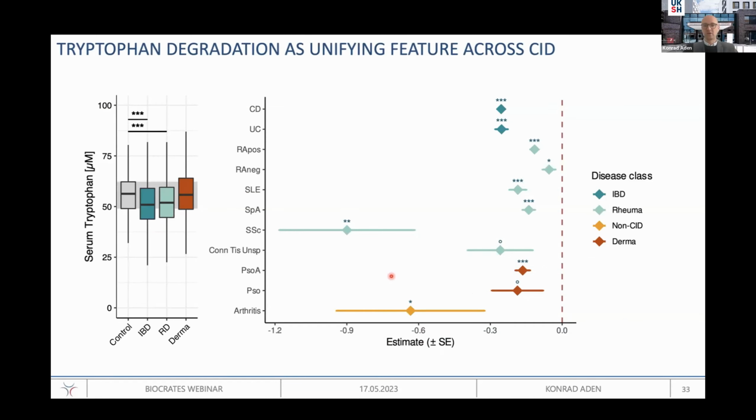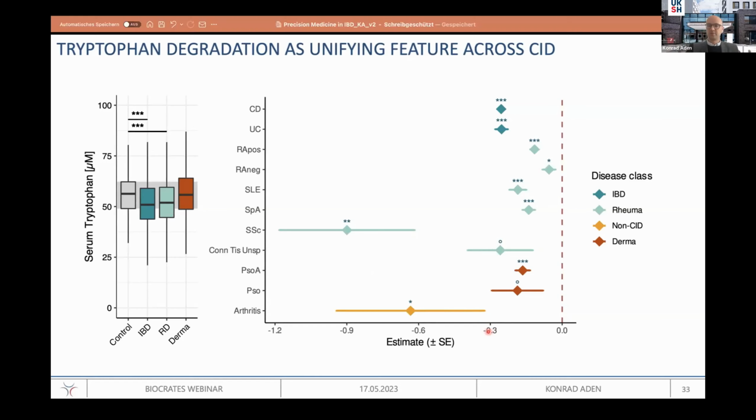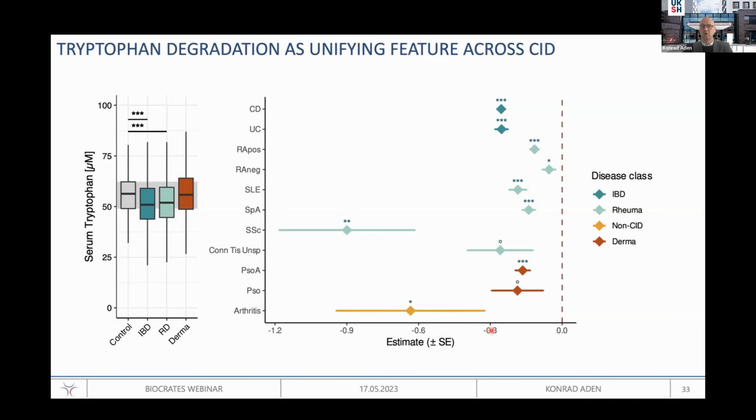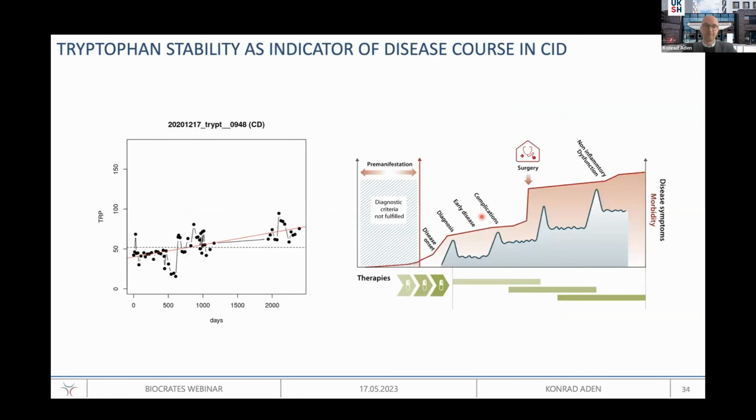You can also directly correlate the serum tryptophan values with the CRP values as a generalizable marker of immune activation. And you can also see with varying degree that we see a very strong association of serum tryptophan degradation with disease activity. Next, we wanted to ask whether the tryptophan stability might be an indicator of disease course in IBD.